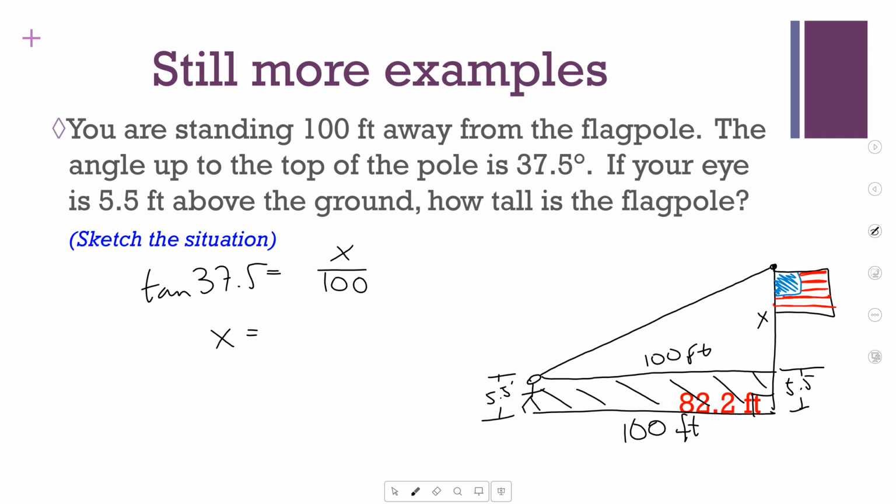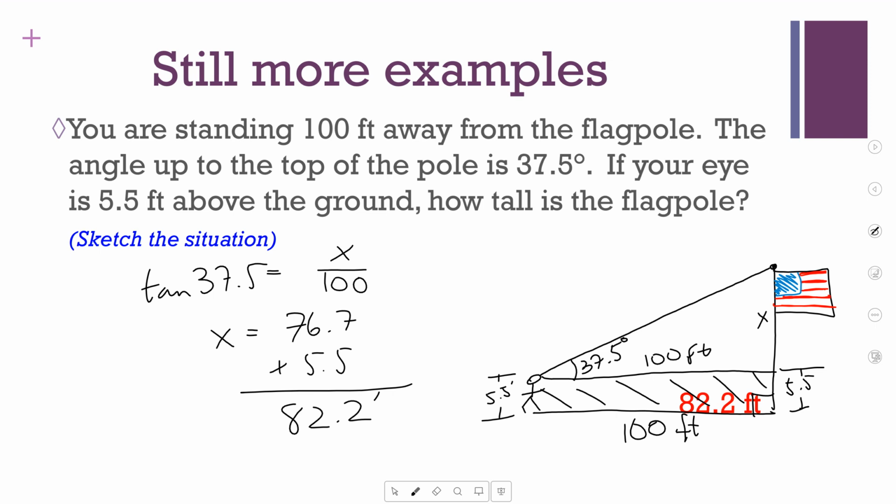What's x? It's 76.7. Why can't you go x over 100? Here's your 37.5 degrees.